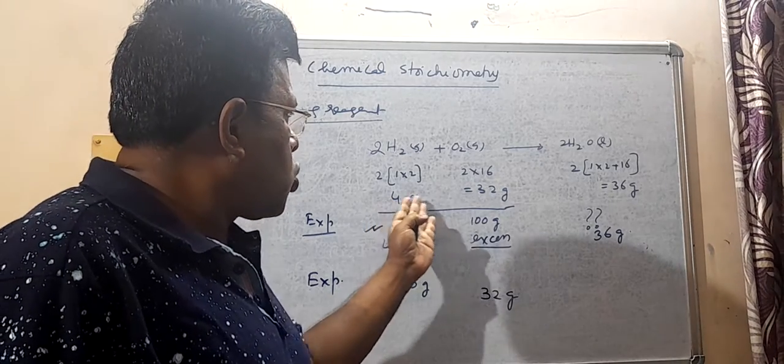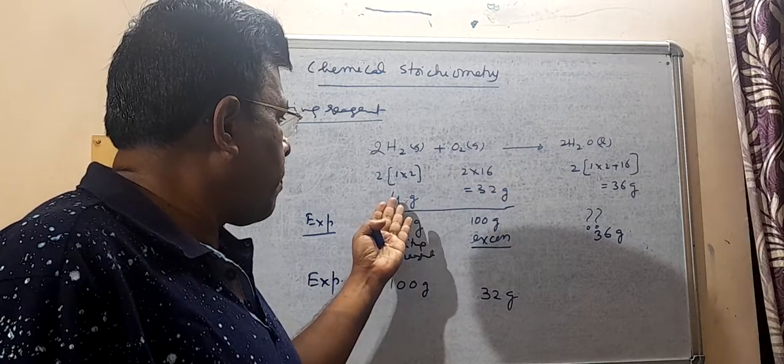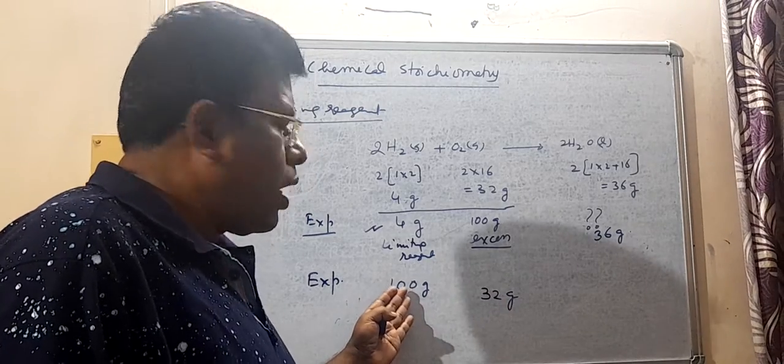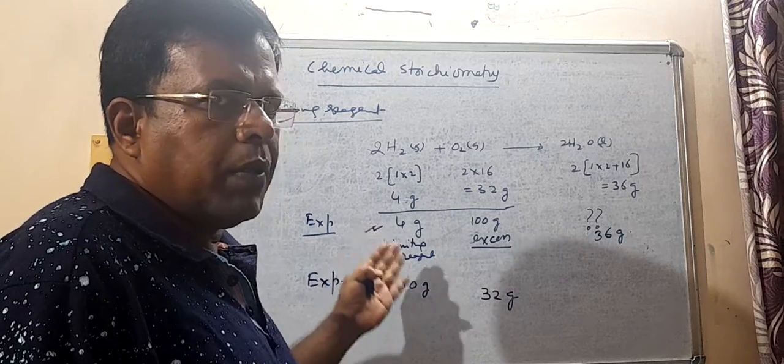According to the stoichiometry, 32 grams of oxygen reacts with 4 gram of hydrogen. So this 32 grams of oxygen will react with 4 gram, and the rest 96 grams of hydrogen will be left behind.